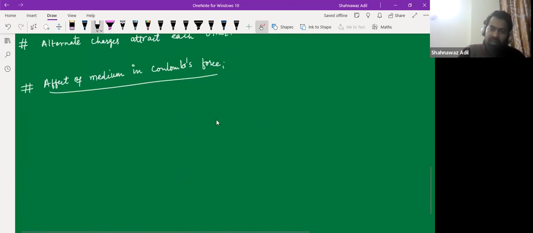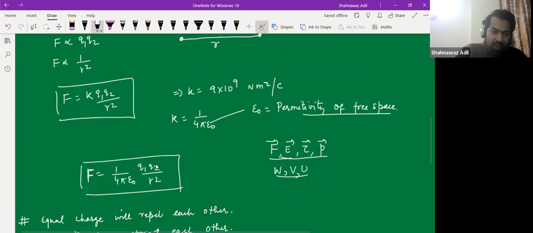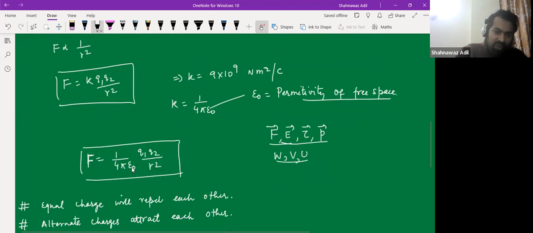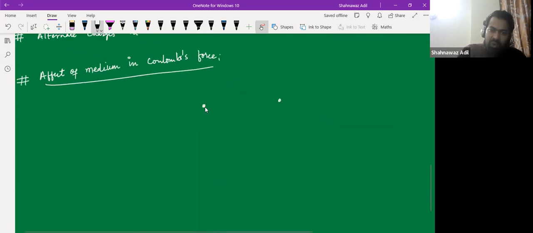Then the force will change, because we know that the force is dependent upon the medium. So let's say this is the separation and these are the two charges.